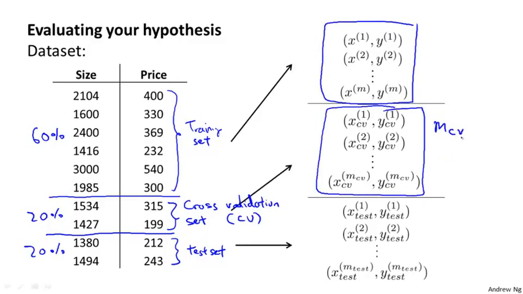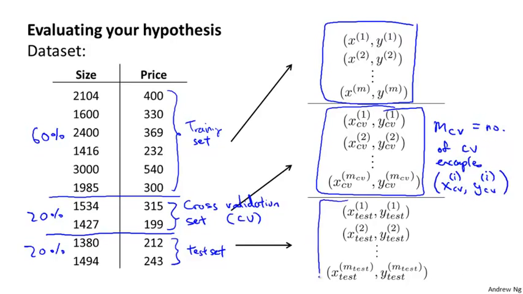I'm going to denote that m subscript CV, the number of cross-validation examples. Following our earlier notational convention, I'm going to use x^(i)_CV, y^(i)_CV to denote the ith cross-validation example. And finally, we also have a test set over here, with m subscript test being the number of test examples.